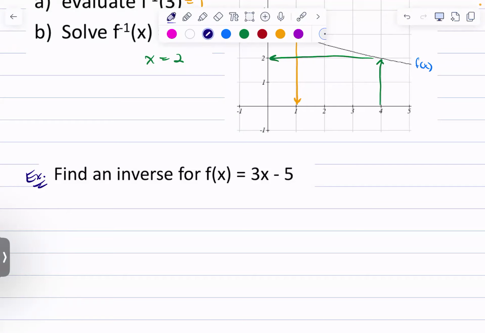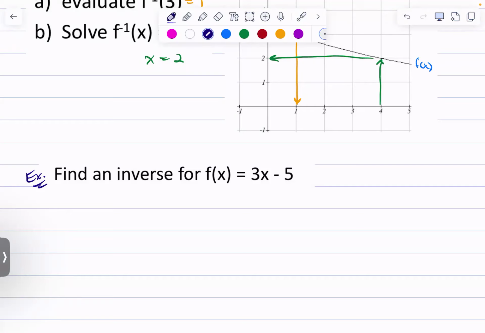What was it? 3x minus 5. It's going to be a line. So I feel good. Desmos has been acting up. Anyways, it's just a straight line. Right. So it's a function and it's 1-to-1. I feel good. Moving ahead.